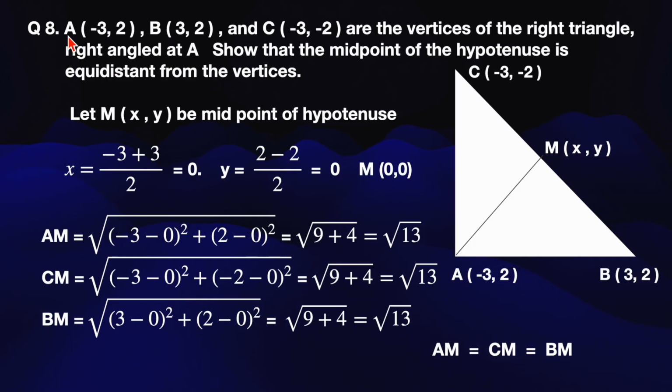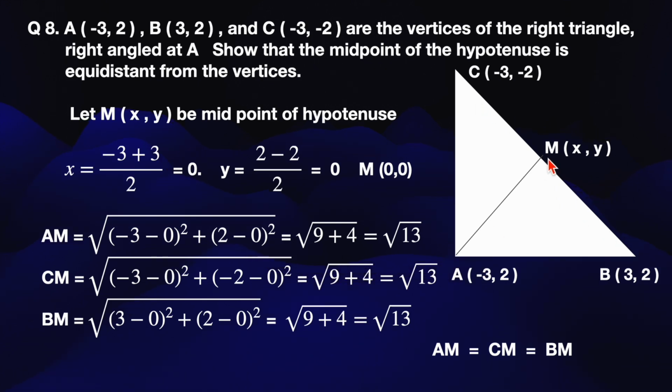Question 8. A, B, C are the vertices of a triangle right angled at A. Show that the midpoint of the hypotenuse is equidistant from the vertices. So here they are saying that it is a right angle triangle, and these are the coordinates, and this right angle is here. This is the hypotenuse.